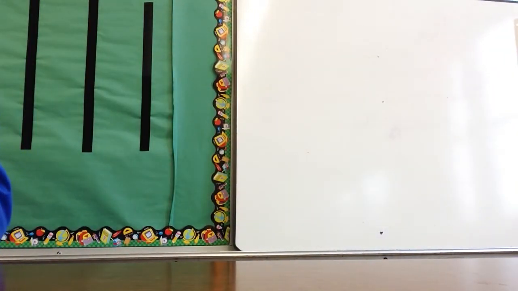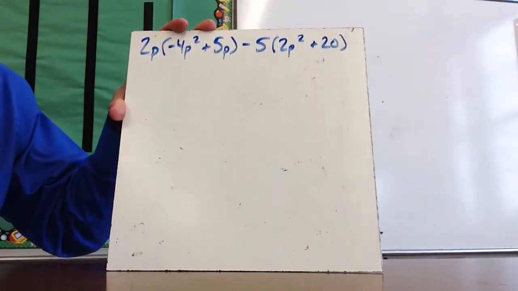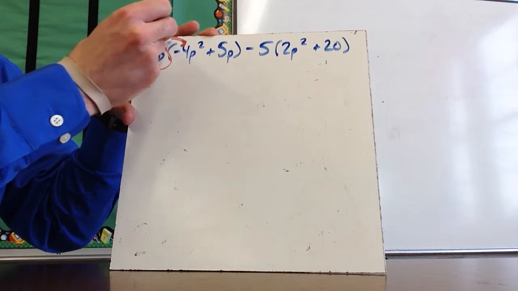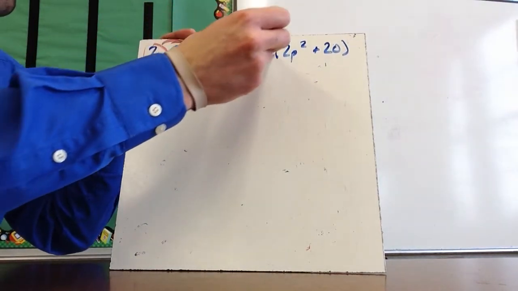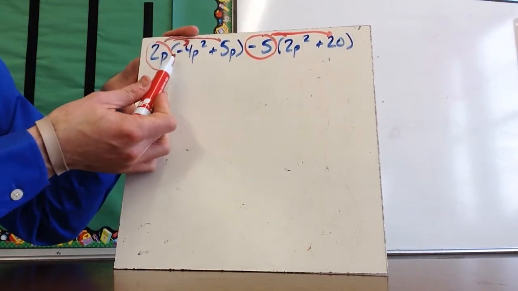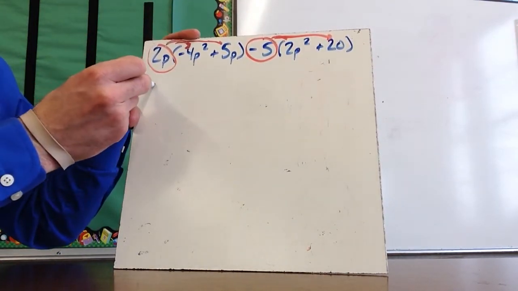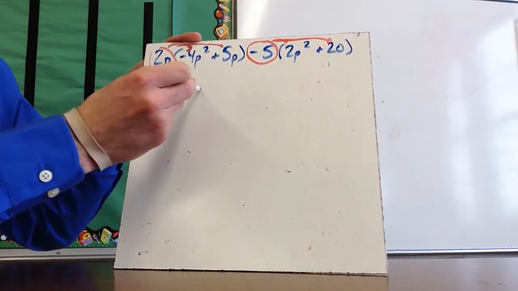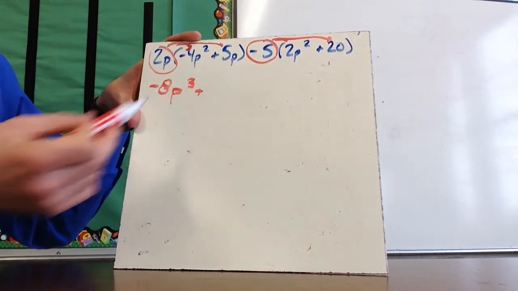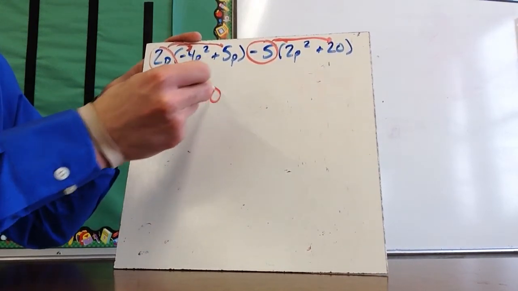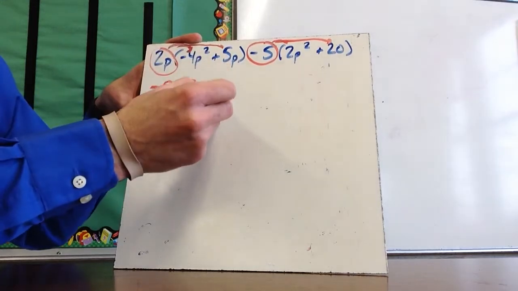All right, so then what happens when you get a combination? We have to do a little simplifying. So the same idea. I'm going to take this and multiply it to these two. Remember, this is a negative 5 that I'm multiplying to both of these. 2p times negative 4p squared is going to be negative 8p to the third, plus 2p times 5p, this becomes 10, and then I'm adding the exponents of 1 and 1, this is p squared.